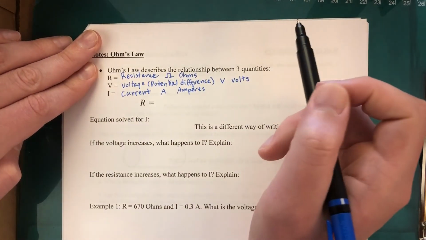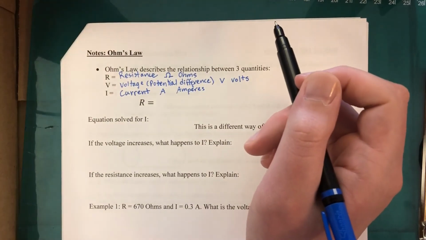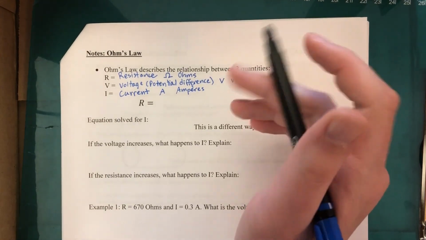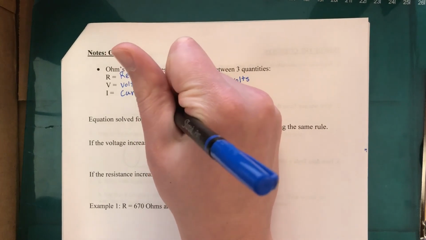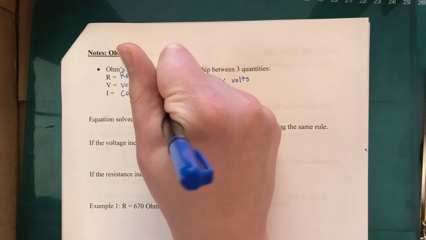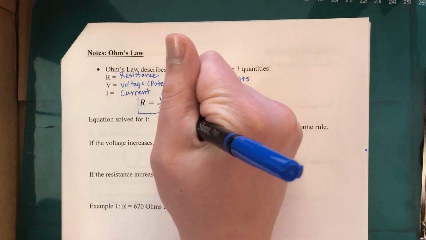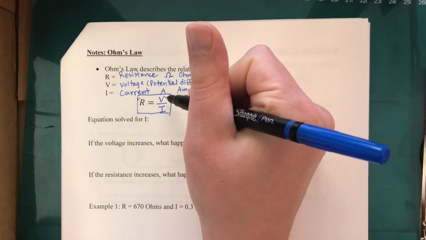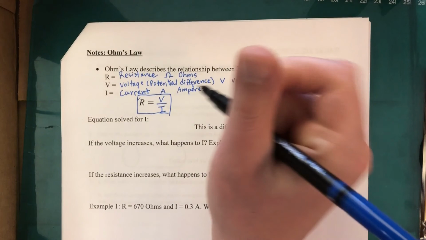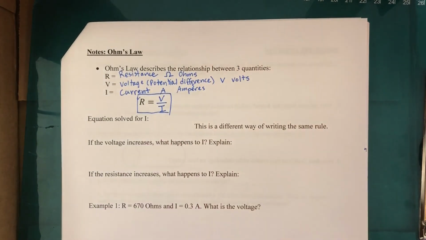And the equation, as it appears on the reference table, is R equals V over I. Resistance equals voltage or potential difference over current.